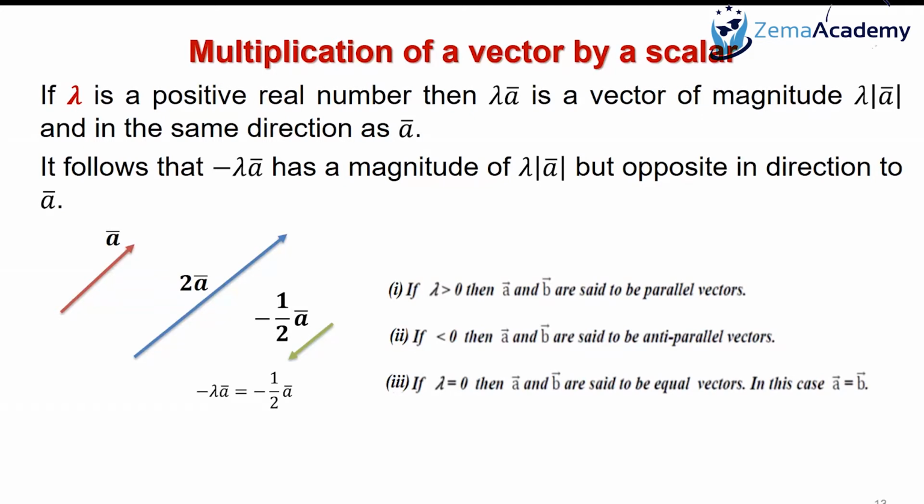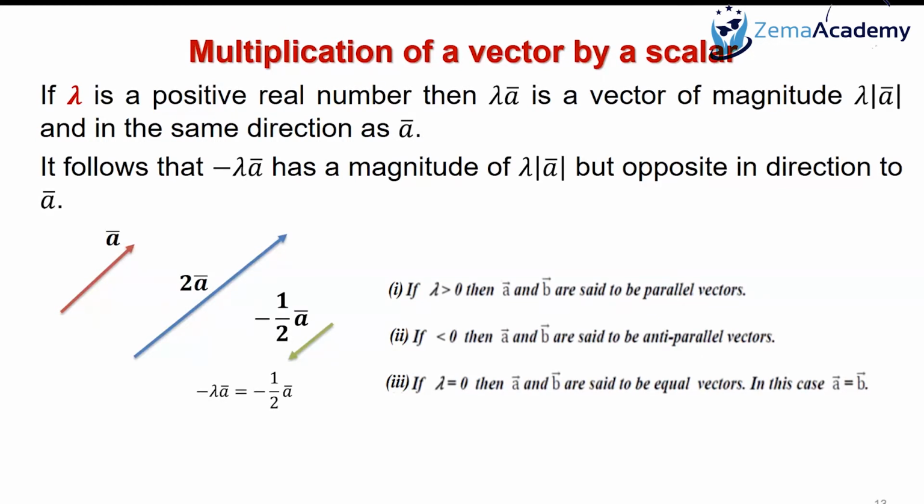Opposite to this, if you have a negative scalar value, minus lambda, the magnitude is the same, that is lambda times the absolute value of the vector, but the negative shows that it is in the opposite direction. So this lambda is representing that scalar value, or in plain words, a number.